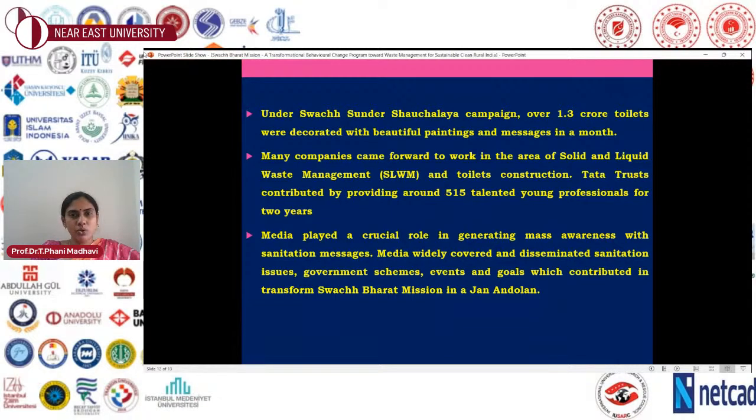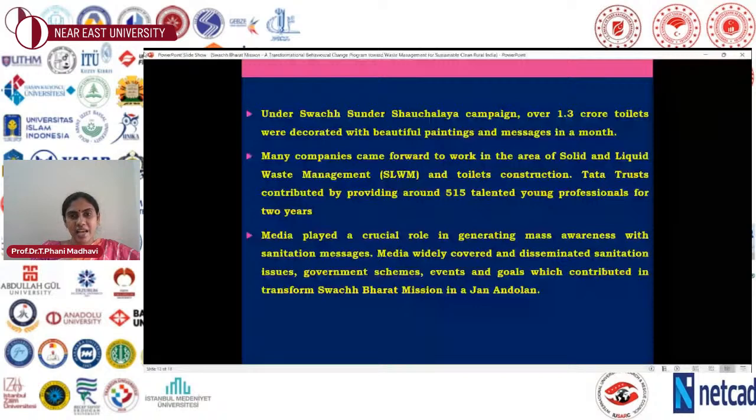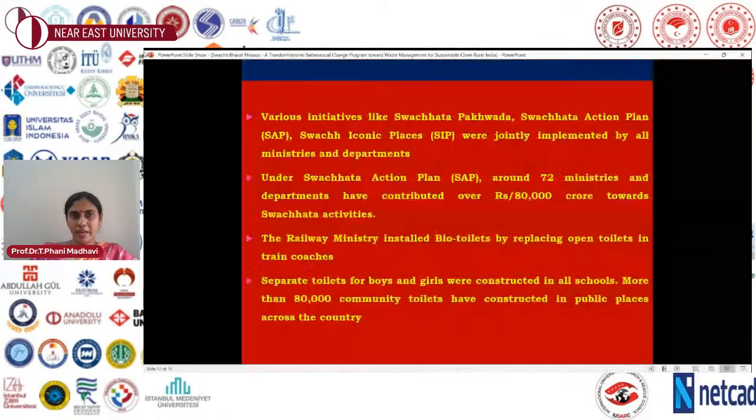India played a crucial role in generating mass awareness with sanitation messages. Media also widely covered and disseminated sanitation issues, government schemes, events, and goals, which contributed to transforming the Swachh Bharat mission into a Jana Andolan. These are all initiatives where the companies play an active role, along with the state governments, central governments, panchayat raj, and all these ministries.